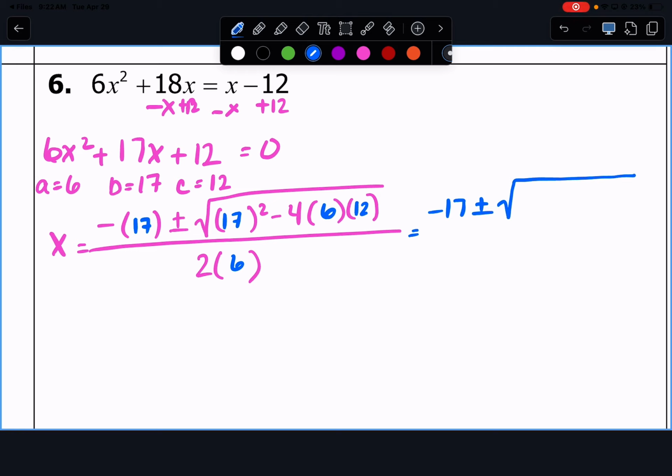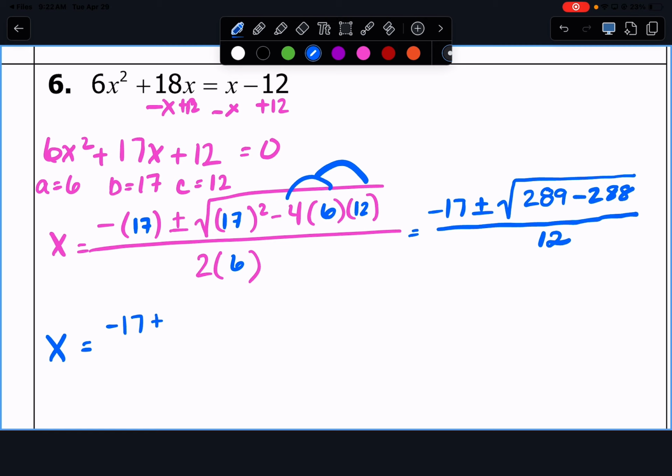What is 17 squared? 289. Okay, then we have negative 4 times 6 is negative 24. What is negative 24 times 12? Negative 288. Divided by 2 times 6 is 12. So we get x is equal to negative 17 plus or minus the square root of 1 over 12.